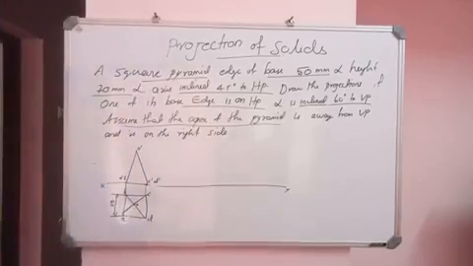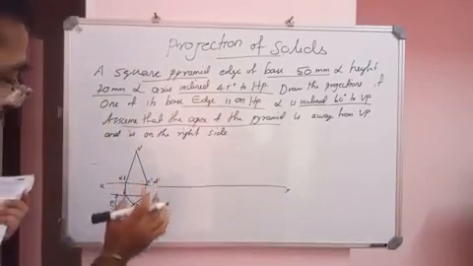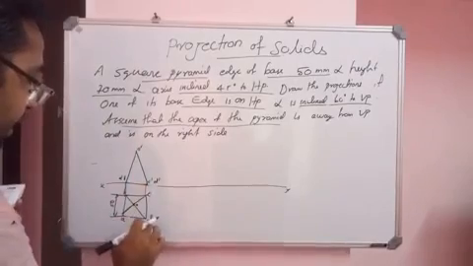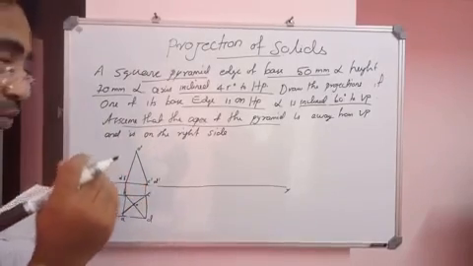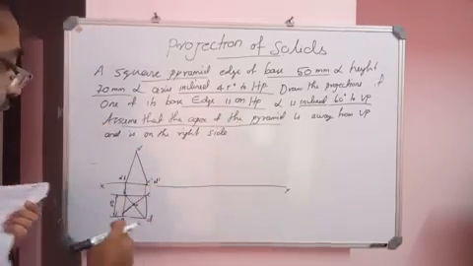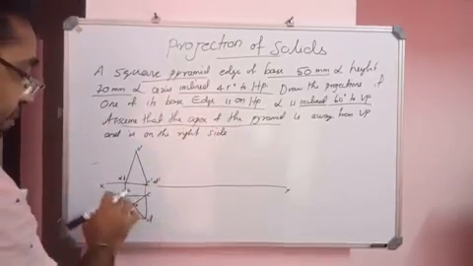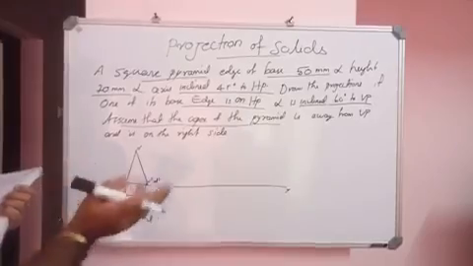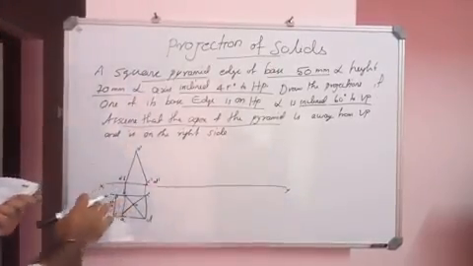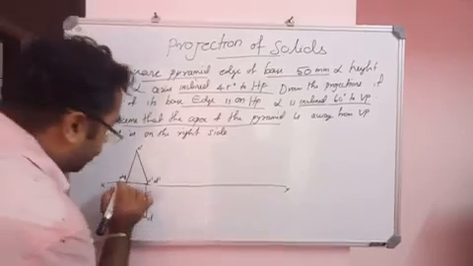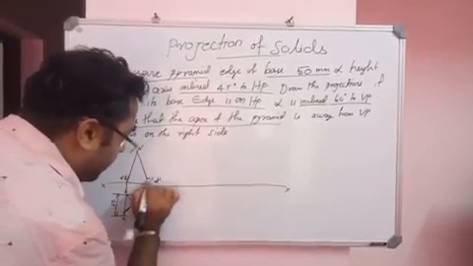In the front view, you can only see A and D, while B and C you can't see, as they are on the other side. So B dash and C dash are in brackets.